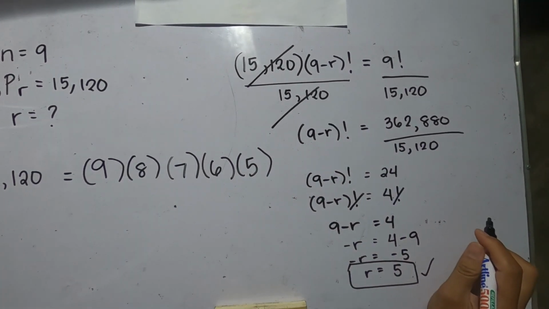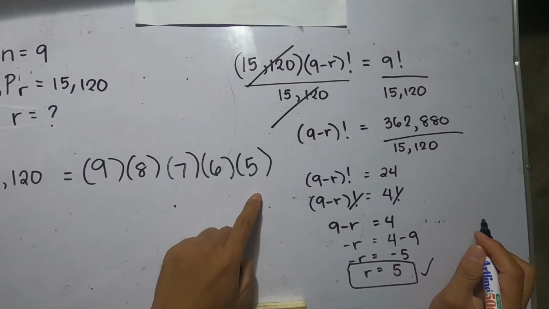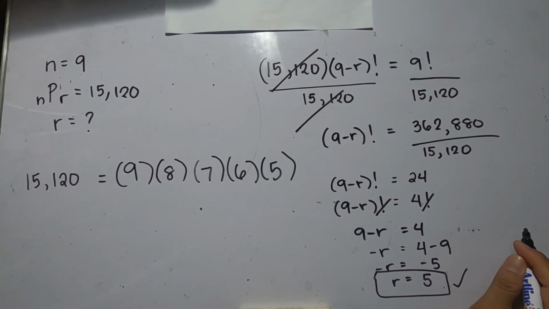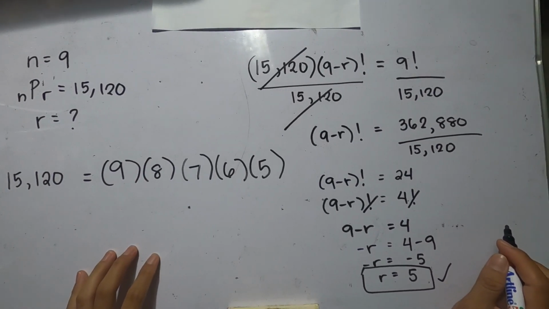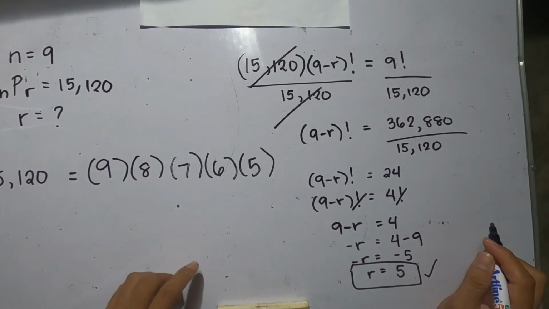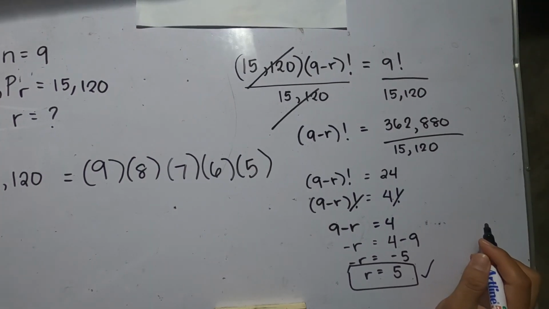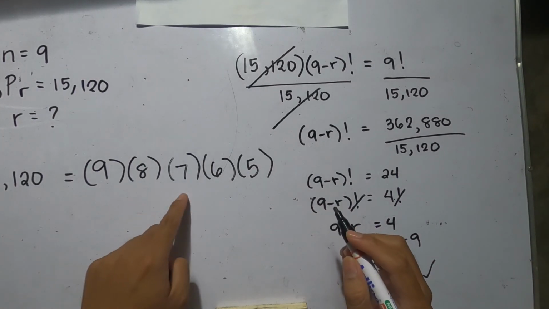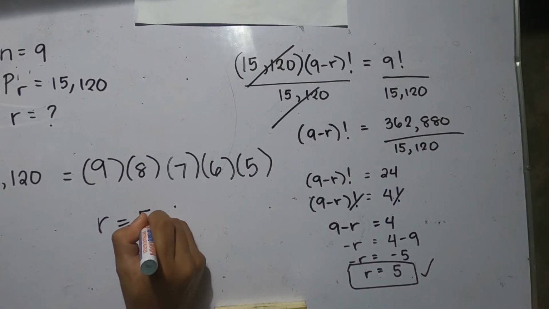If you check the product of 9, 8, 7, 6, and 5, you will see that the answer is 15,120. As you can see, the number of positive integers less than or equal to 9 which were used as factors is 5, which is the same as our answer in our long solution. So therefore, r is equal to 5.